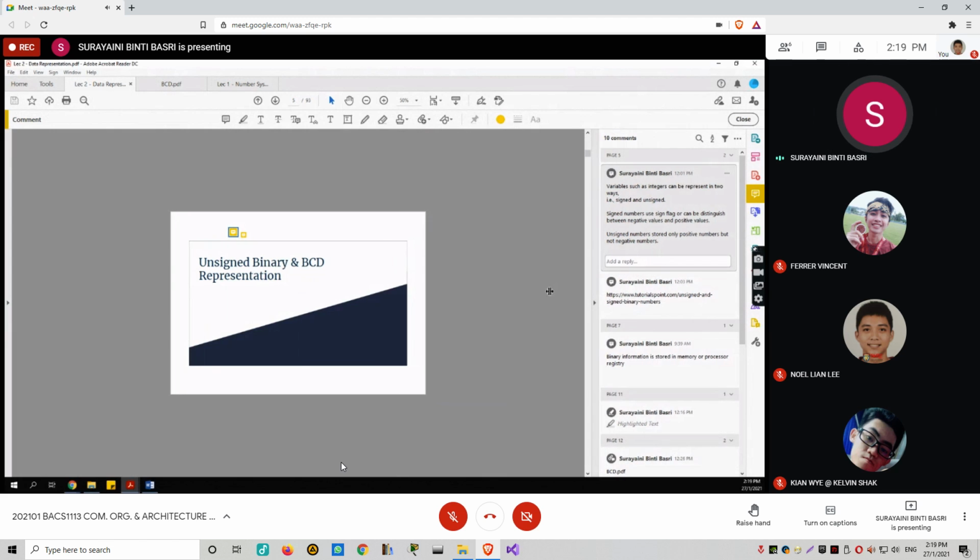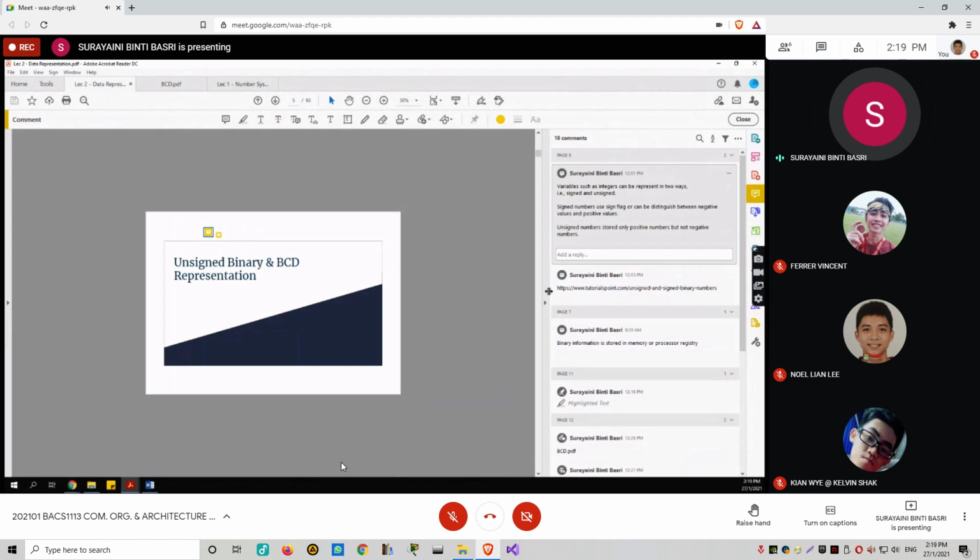Actually, what is the signed and unsigned binary integer? A variable such as an integer can be represented in two ways, which is signed and unsigned. You can see my notes here.